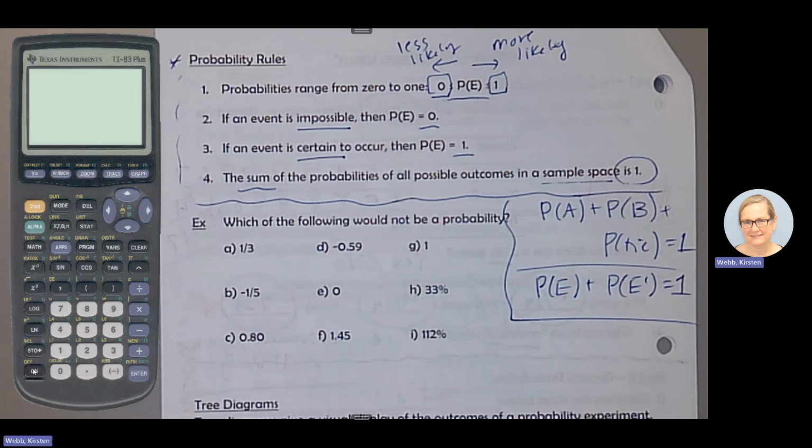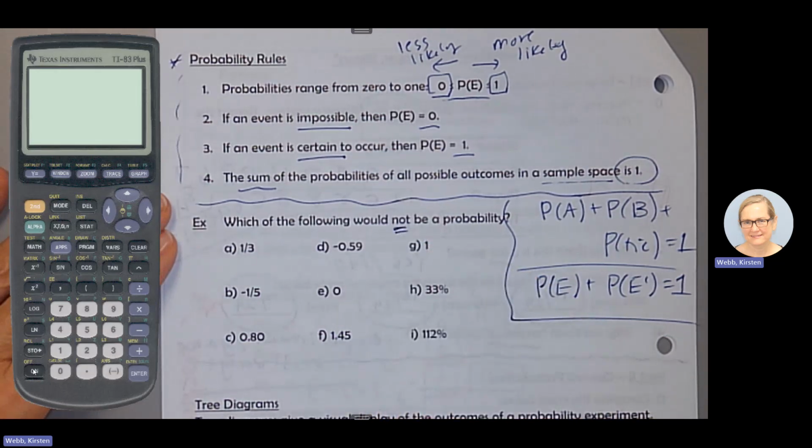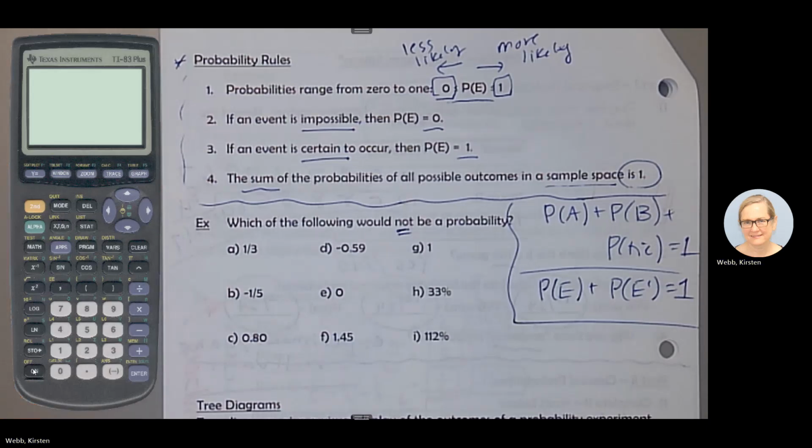Well, let's see a homework question kind of like this, where they throw out some different numbers and basically just ask if it would be a possible probability or not. In this case, we're trying to see which of the following would not or could not be a probability. Based on what we know, let's see if you can spot any numbers there that would never come up as the probability of something.